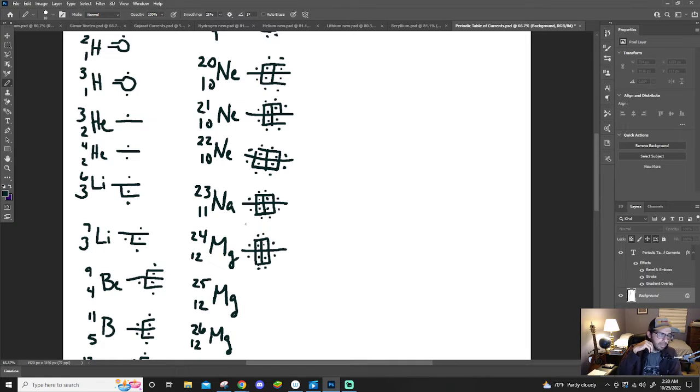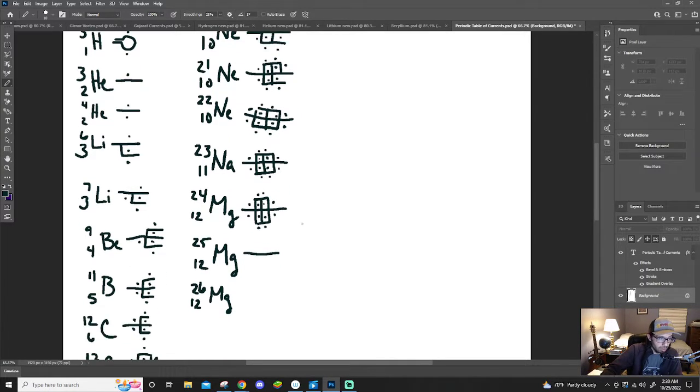There we go. Okay. Maybe let's finish magnesium. And also notice it has two stable ones. It makes sense that it has two stable ones because of this, one and two.